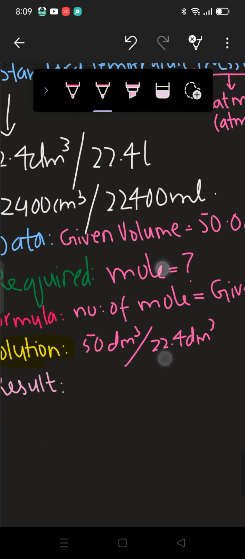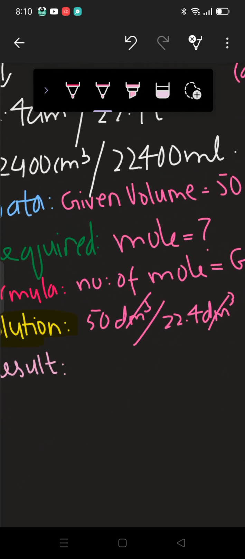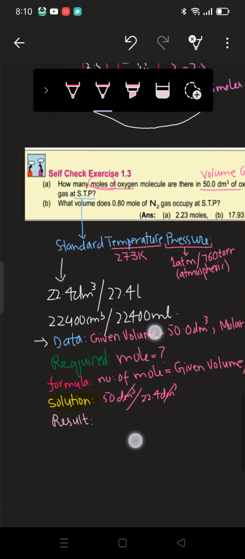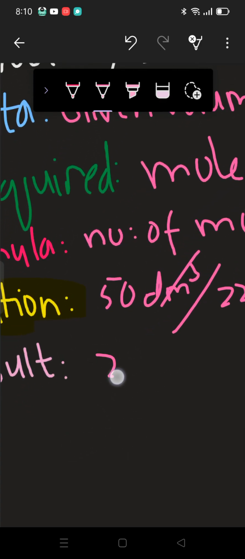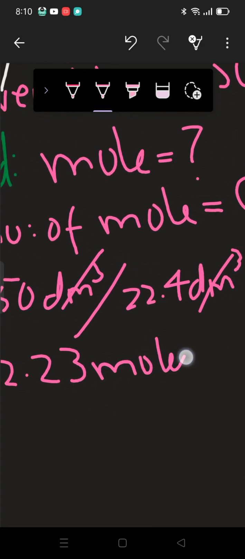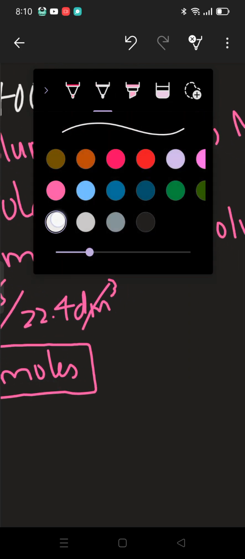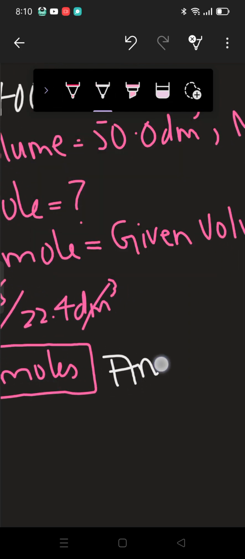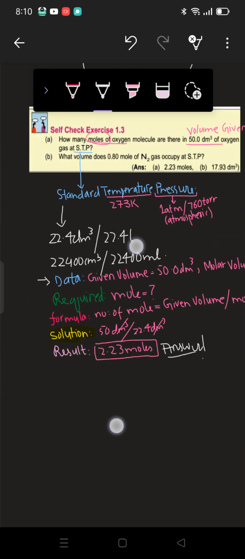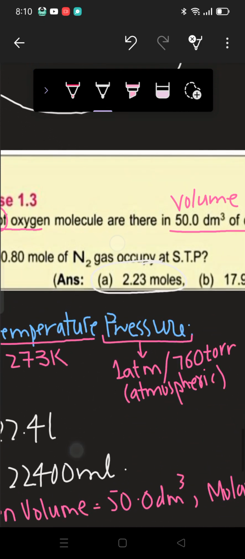So this dm cube cancels. 50 divided by 22.4, what we're going to get is 2.23 moles. So this is basically the result and it is our answer. Let's match this answer, 2.23. So yes, the answer of the first one is 2.23, which is the right one.